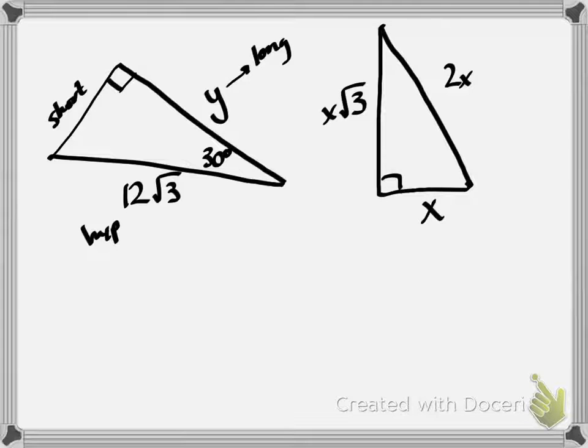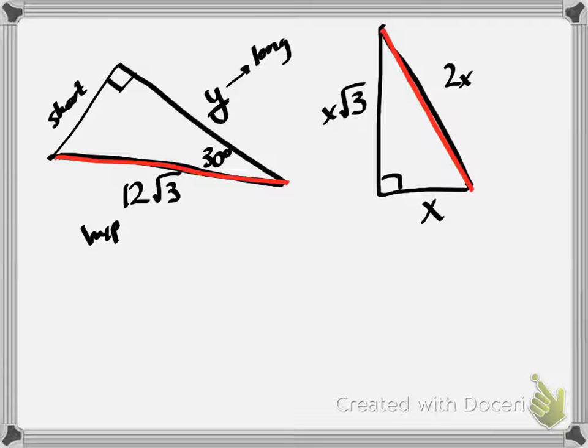Okay, what I want to do is set up two different equations. One that involves y, and one that involves the side length they've given us, this 12 square root 3. We already know what this side length is, and it corresponds to this side length on the triangle that we have the pattern for.